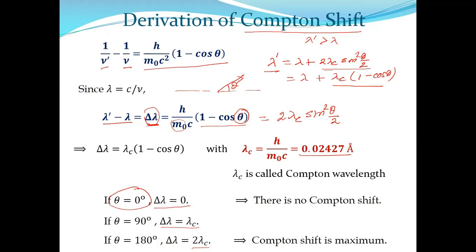There will be a change in wavelength. Maybe the change is very, very small, but there is a change. And the new wavelength, the new frequency, the new lines we get are called modified lines.